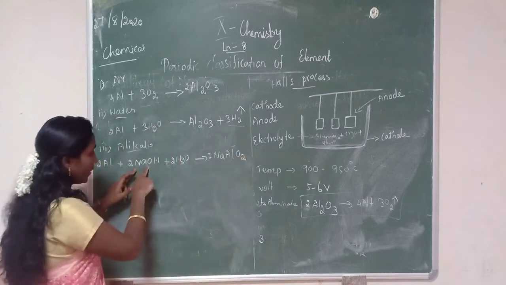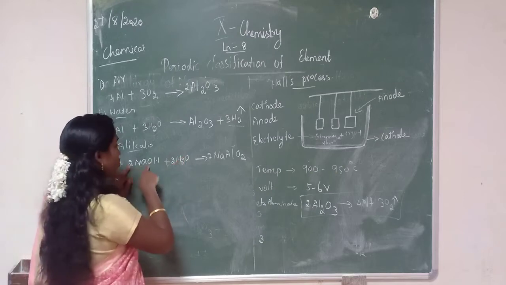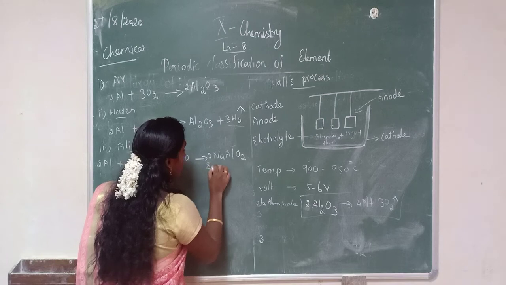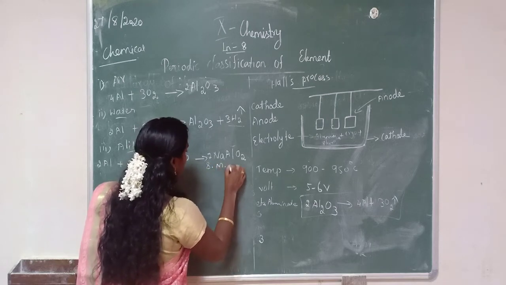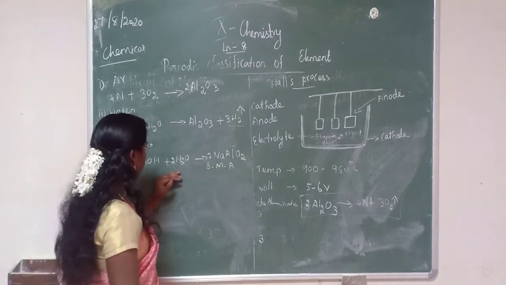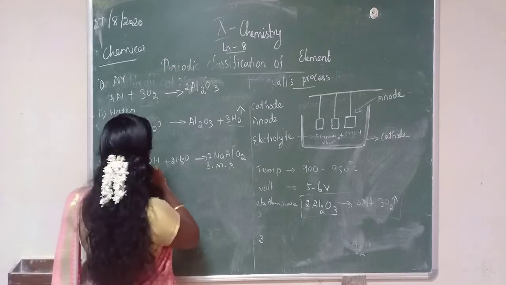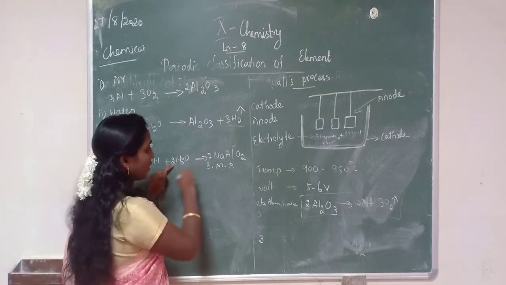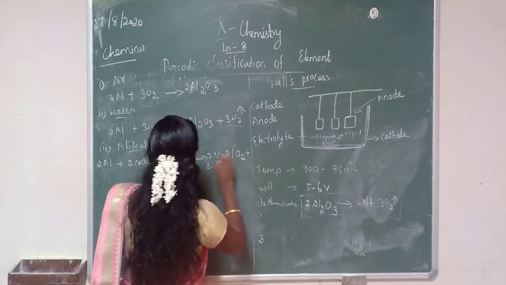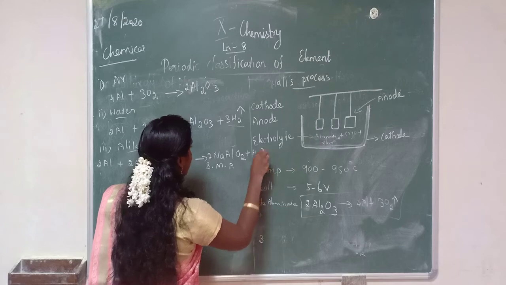2 sodium, 2 aluminium, then 4 oxygen. Here 2 oxygen, from here 2 oxygen. So this is called sodium meta-aluminate. Remaining, what products are there? Water is there, so here 2 hydrogen, then here 4 hydrogen. So totally 6 hydrogens, and that hydrogen gas will be liberated.